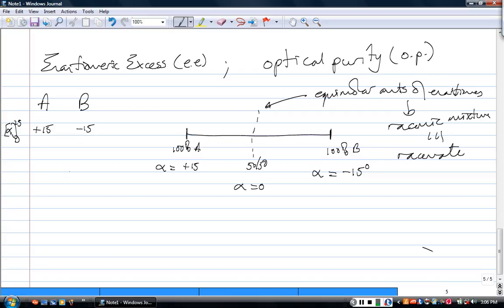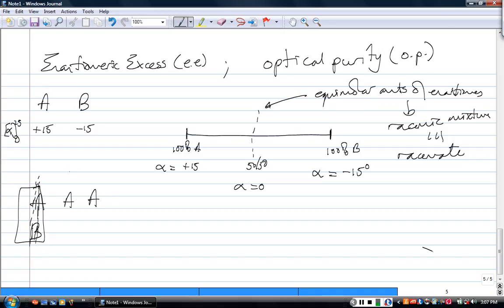Let's say I had a mixture that had 3 parts of A and 1 part B. In other words, I have A, and then B. Now, I could assume, in sort of a way, that this AB represents a racemic mixture. And therefore this unit would have an alpha value of 0. They would cancel each other out. But because I have an excess of the plus rotatory enantiomer, I would expect my mixture to be plus rotatory.